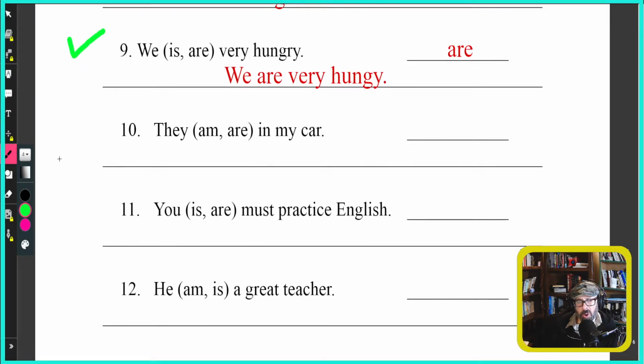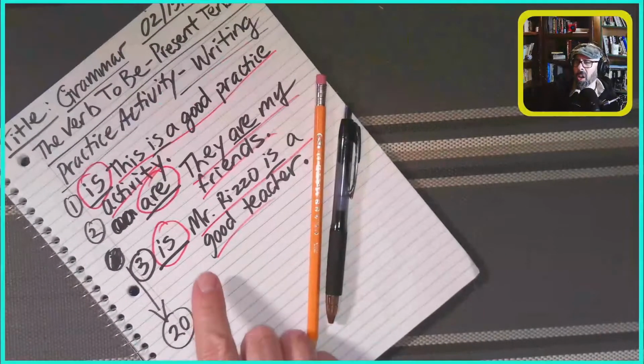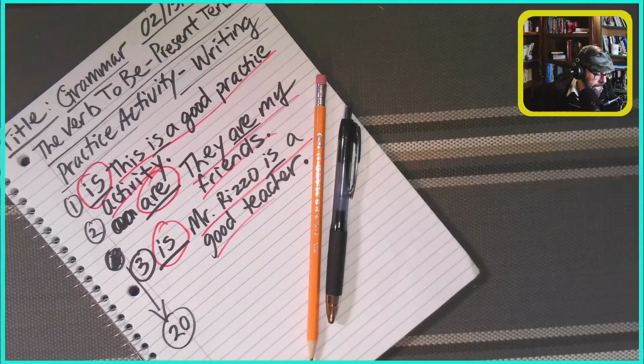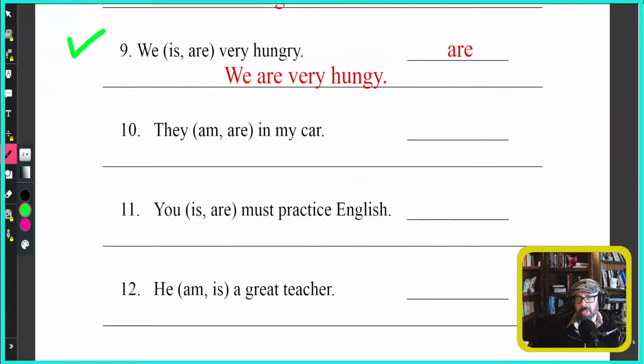They am or they are in my car? Am or are? What do you think? Write your answer in your notebook. Correct answer: they are in my car.